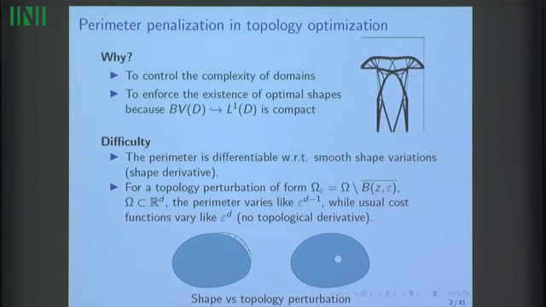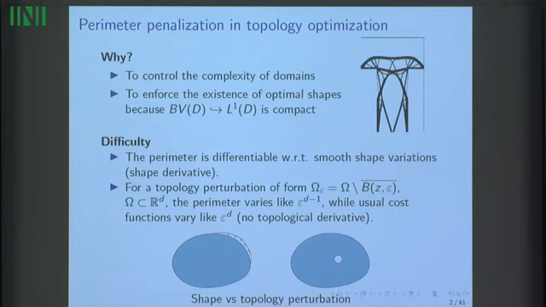From the mathematical point of view, you usually get the existence of optimal domains because of the compact embedding from BV into L1. This is nice and well known, but in practice it is a bit problematic.